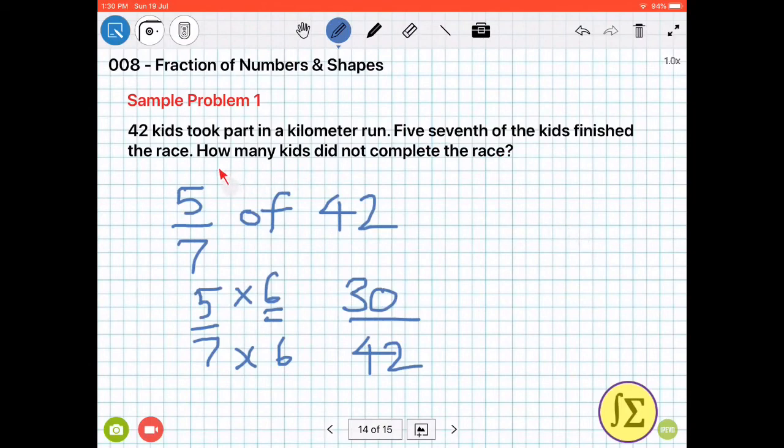But the question is, how many kids did not complete the race, right? So the total number of kids is 42. You subtract the number of kids which completed the race. So 42 minus 30, you get 12. So these are the number of kids who did not complete the race.